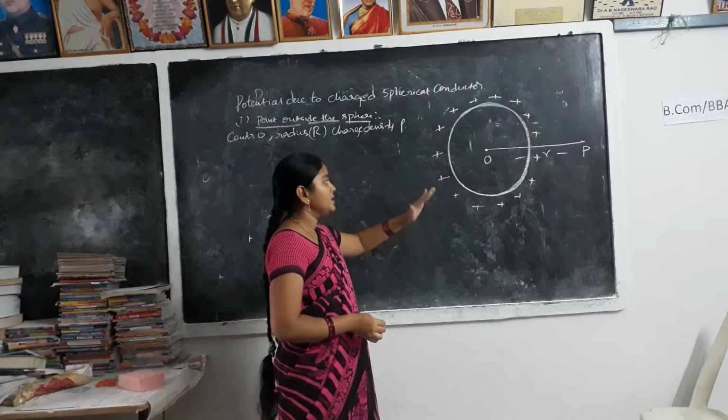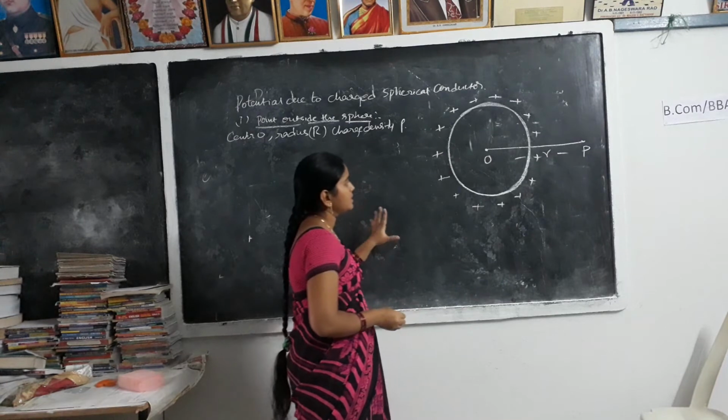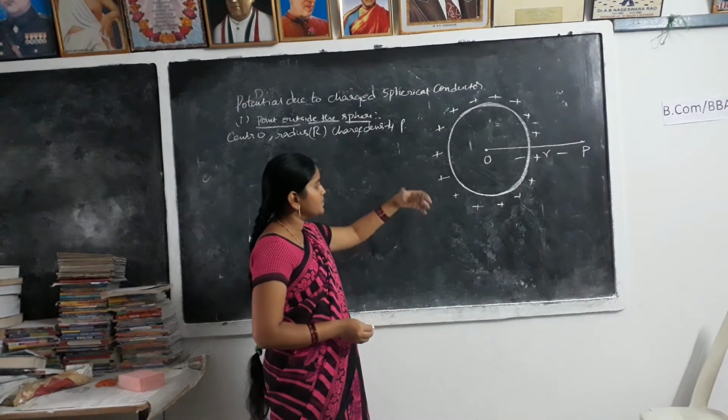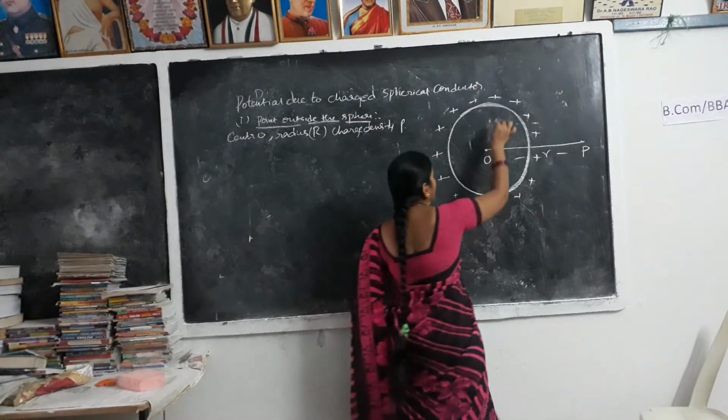In order to explain the potential, we divide the sphere into two rings. How?